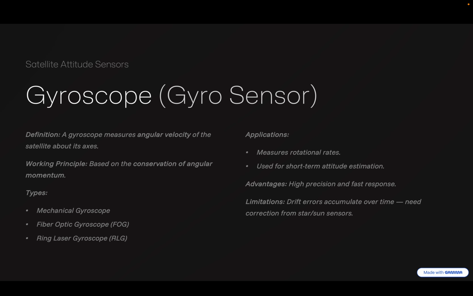Whether it is maintaining the exact angular velocity or not is checked by the gyroscope. The principle of the gyroscope is the conservation of angular momentum. The types of gyroscopic sensors we have are the mechanical gyroscope, the fiber optic gyroscope, and the ring laser gyroscope.